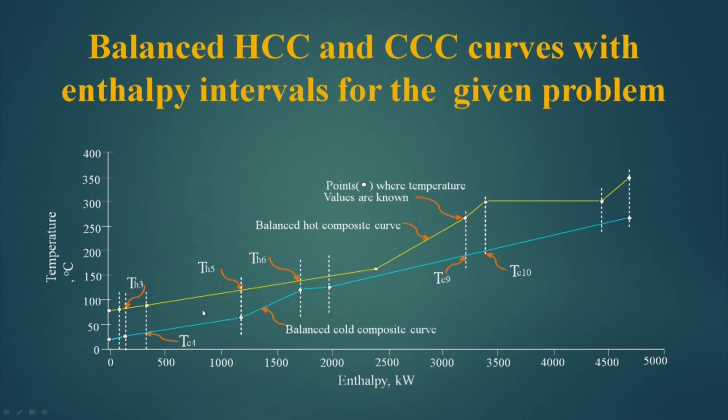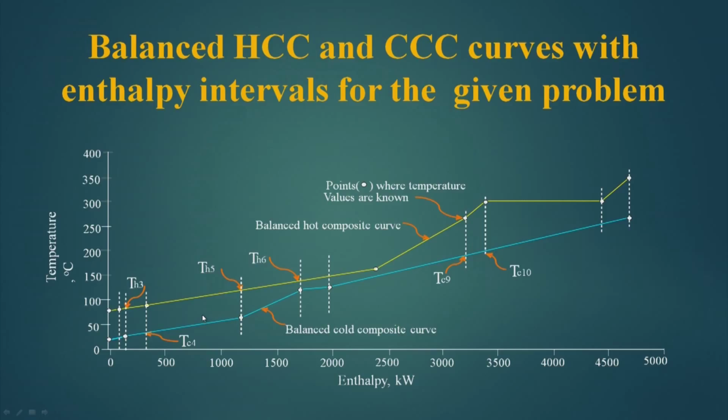Because when I segment this balanced cold composite curve into different enthalpy intervals, then say I take this enthalpy interval, to find the area I should know this temperature, this temperature, this temperature and this temperature. In this case, this temperature TC4 is not known and TH5 is not known. Unless I find out these two temperatures, I cannot find out the LMTD, log mean temperature difference, for this enthalpy interval.